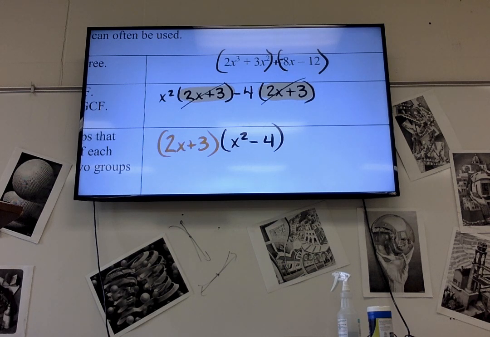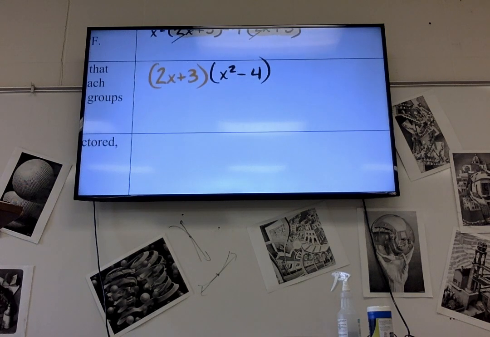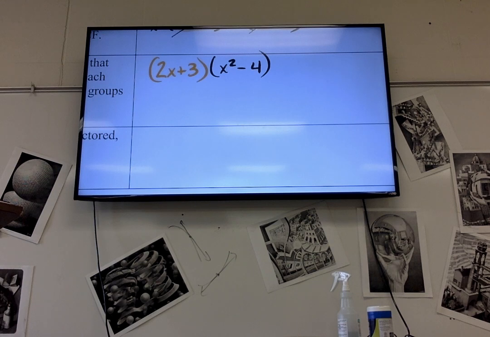And then if anything else can be factored, factor it. Is there anything else that can be factored? Difference of 2 squares. Yeah, we have a difference of 2 squares. X squared minus 4 is x plus 2 and x minus 2.